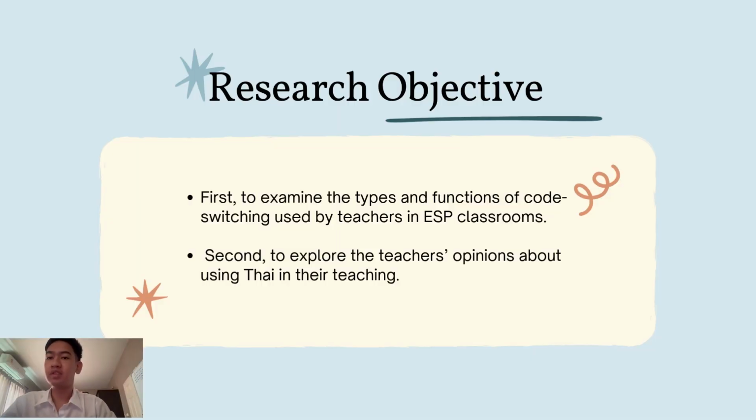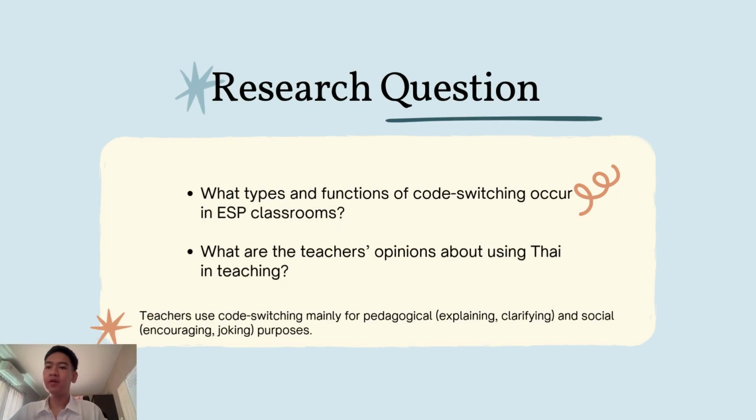This research has two main objectives. First, to examine the types and functions of code switching used by teachers in the ESP classroom. Second, to explore teacher opinions about using Thai in their teaching. From the research objectives, the researchers asked two research questions.